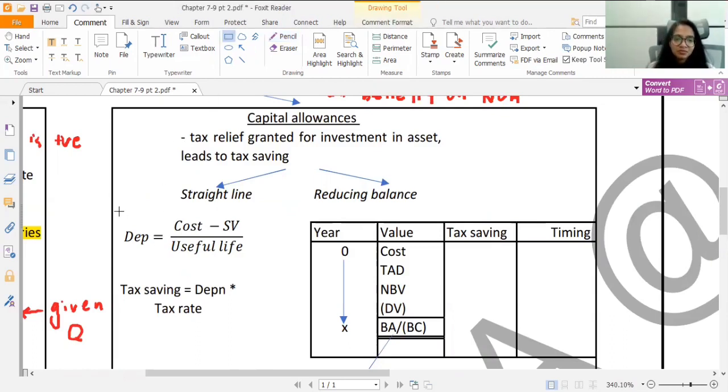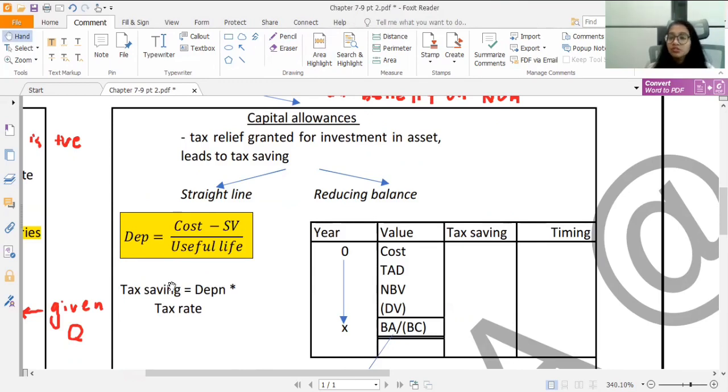Now, the formula for straight line depreciation is depreciation equals cost minus scrap value over useful life. When you do this, you get your depreciation per year. In order to get the tax saving, you multiply this by the tax rate.